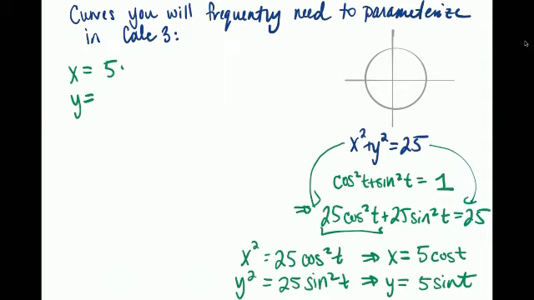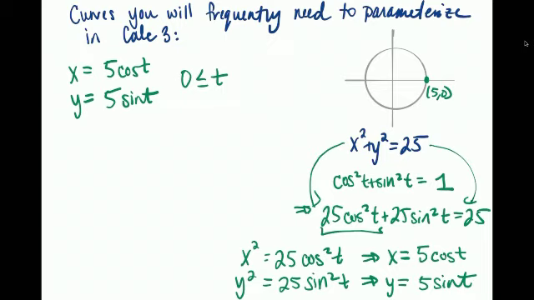So let's just see where I start and where I move if I use this parameterization. Let's start when t is 0. And notice if I plug in 0 for t, I get x is 5 and y is 0. So that's going to start me right here on the circle. And then let's go to pi over 2 just to see which direction we're moving around the circle.